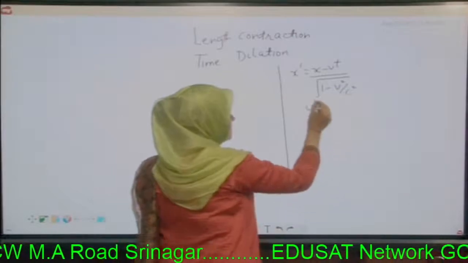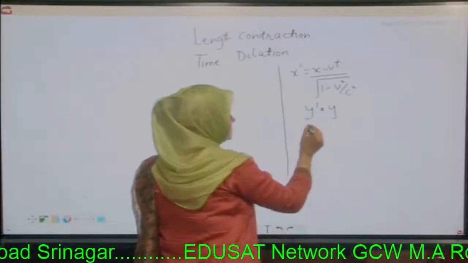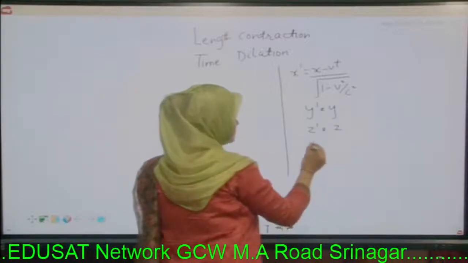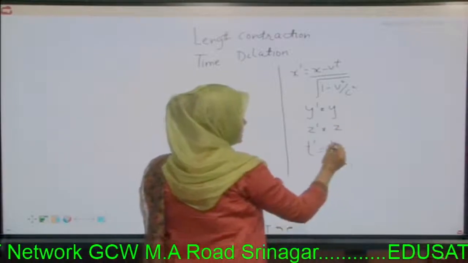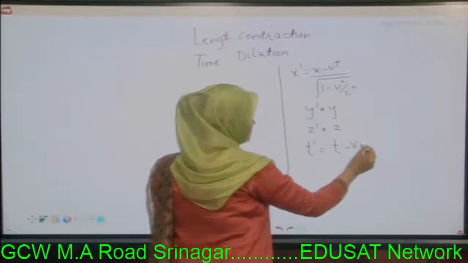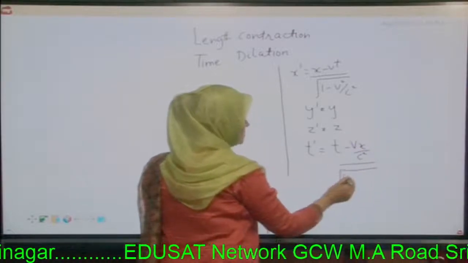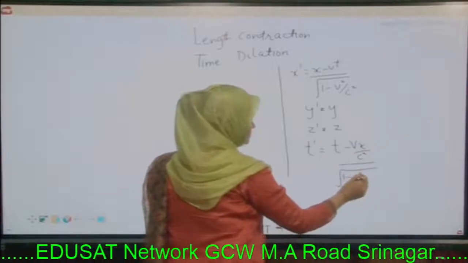Similarly, y dash is equal to y, z dash is equal to z, and t dash is equal to t minus vx by c square, whole divided by square root of 1 minus v square by c square.